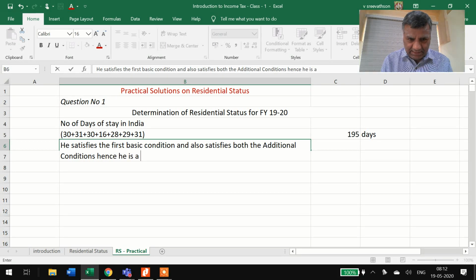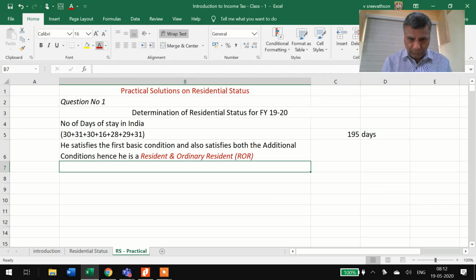Hence, he is a resident and ordinary resident. Anybody having a doubt, please ask.